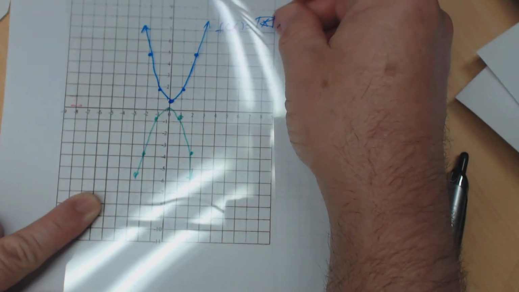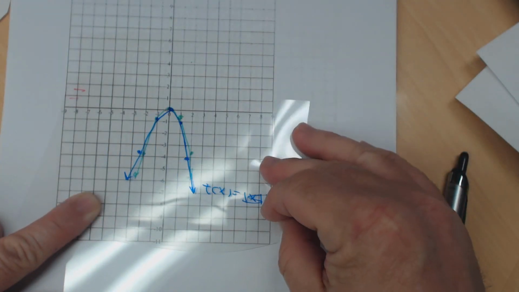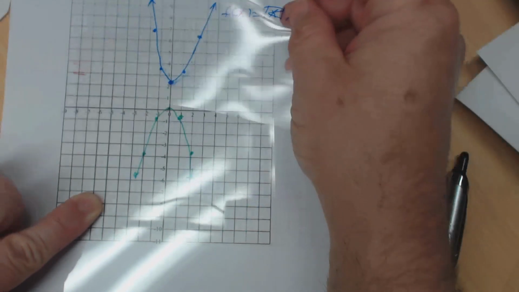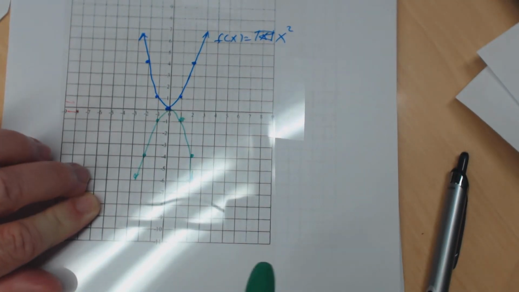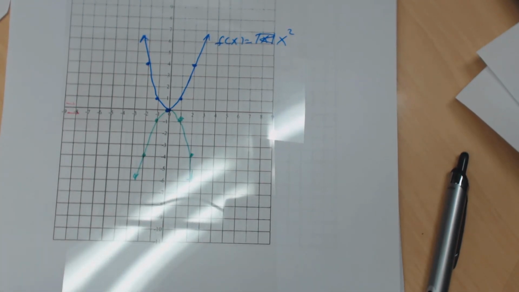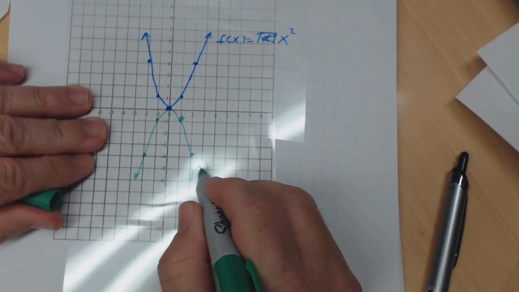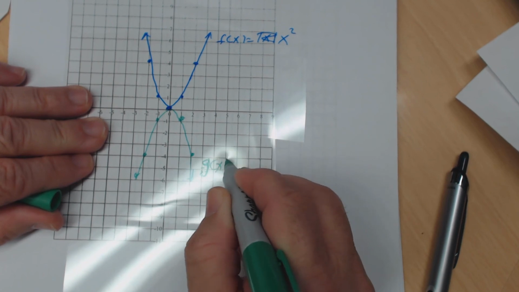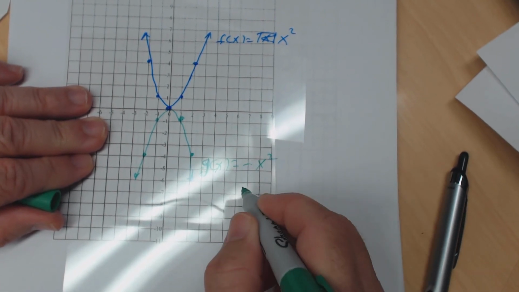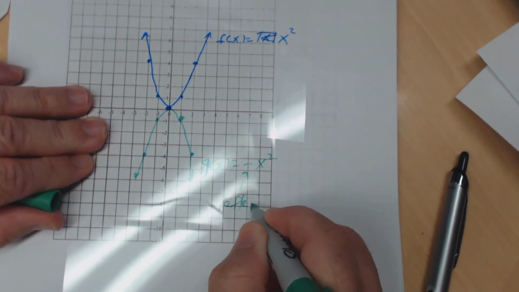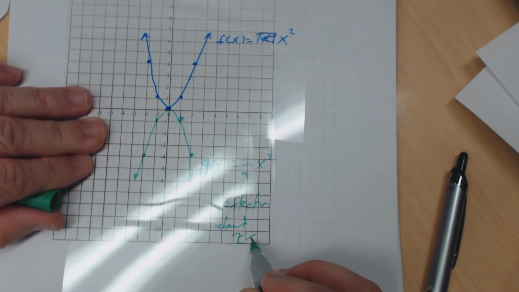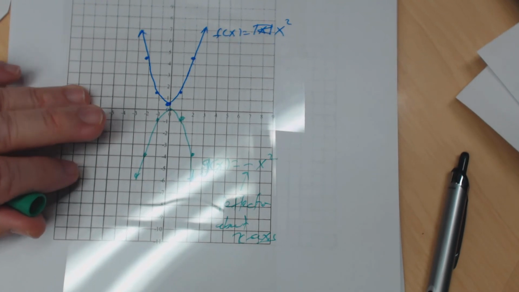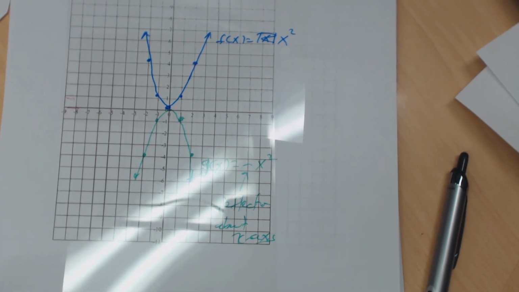So the reflection about the x-axis is that negative in front of your parent function. It's going to look like this: g of x will equal negative x squared. So that right here is a reflection about the x-axis.